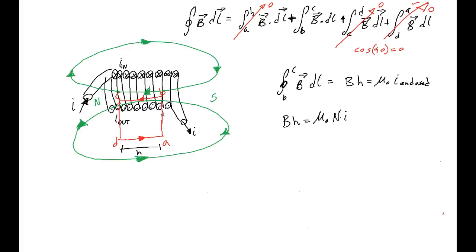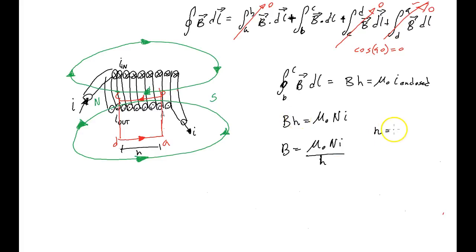So if we divide through by H, we get B is equal to mu sub 0 times big N times I over H. But little n is called the turn density, and little n is equal to the total number of turns divided by the length of the coil.